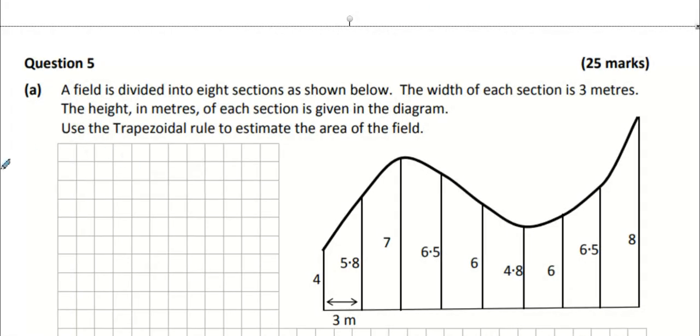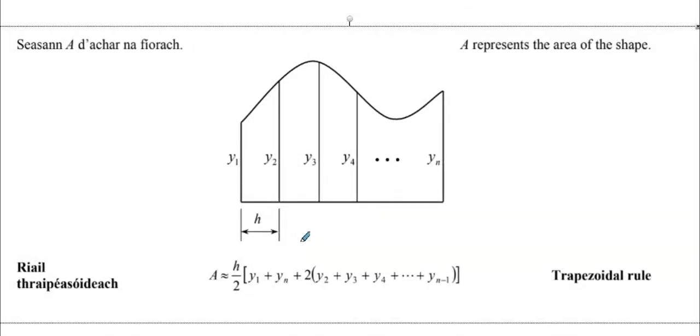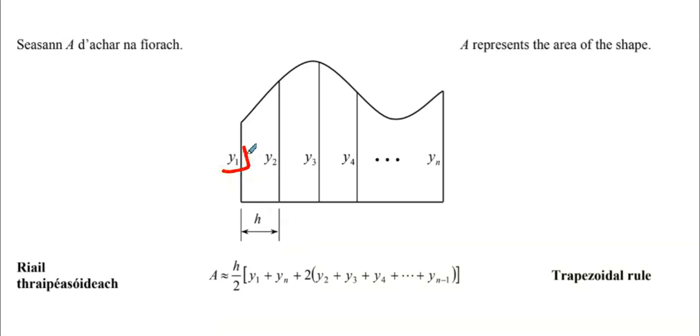For those of you who got used to the trapezoidal rule, the trapezoidal rule is the following. H over 2, and what does it say in your copy? Y0, is it? All right, guys. So everybody see Y1?